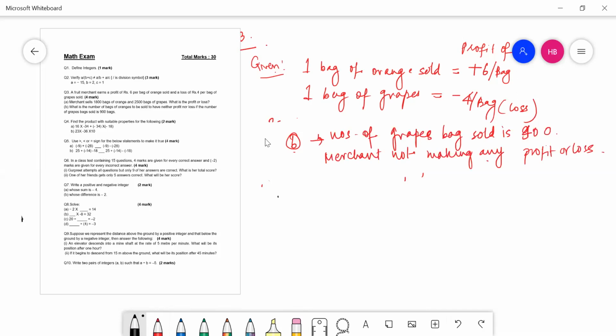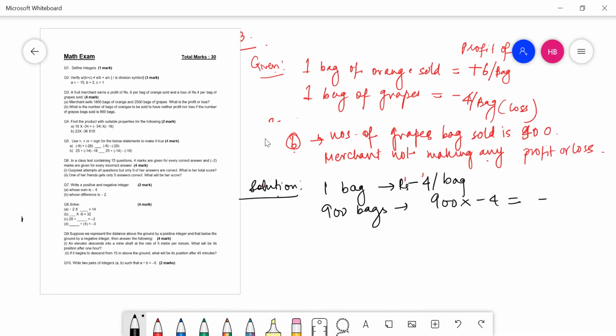Now let's see what the solution is. In the question, it is telling me the number of grapes bags sold is 900, right? With one bag sold, I am making a minus 4 rupees per bag loss, right? And for 900 bags, how much loss will I have? 900 into minus 4, which is minus 3600.